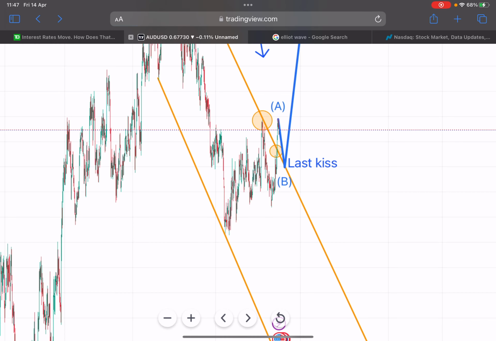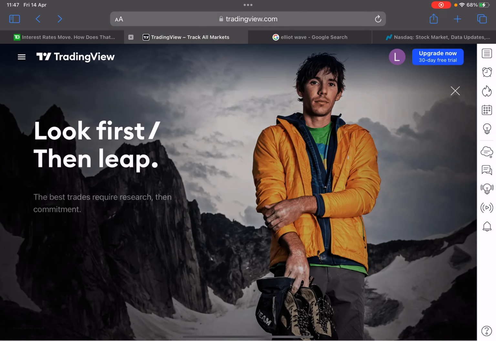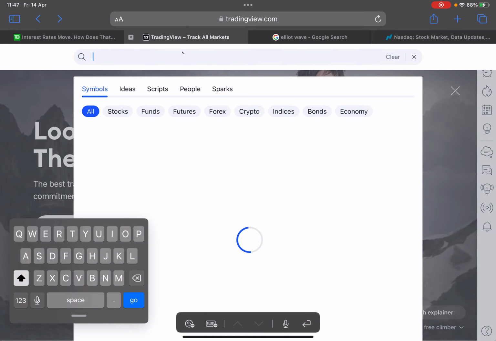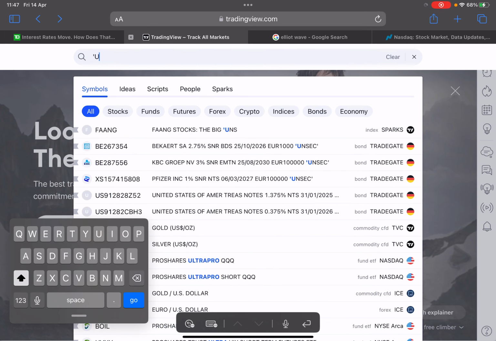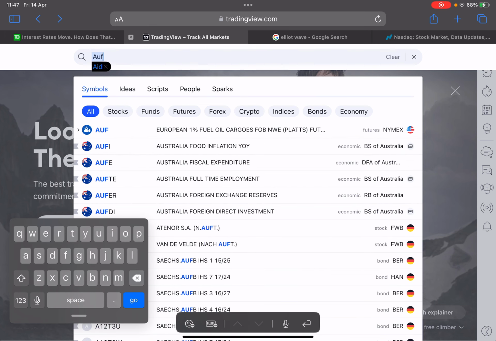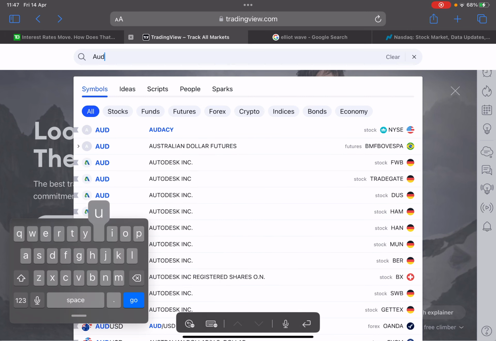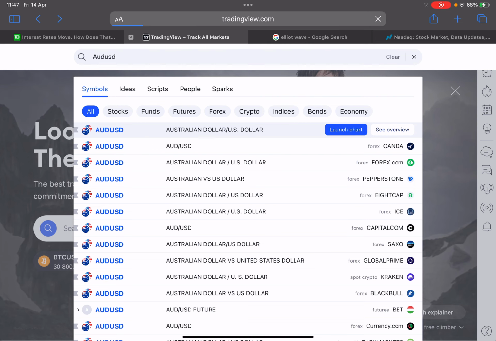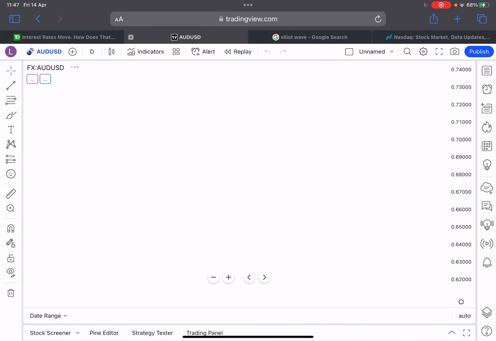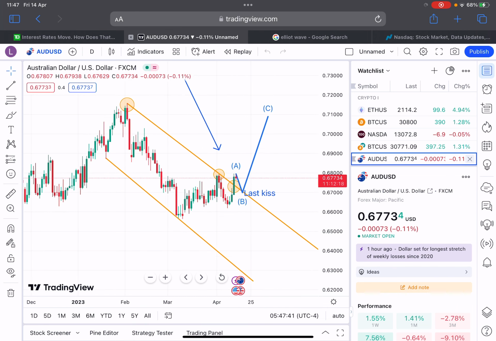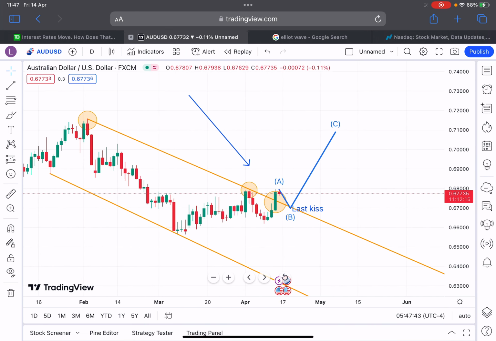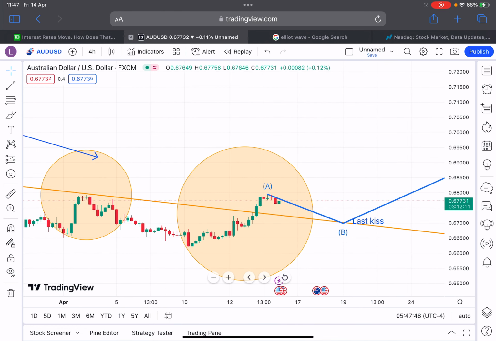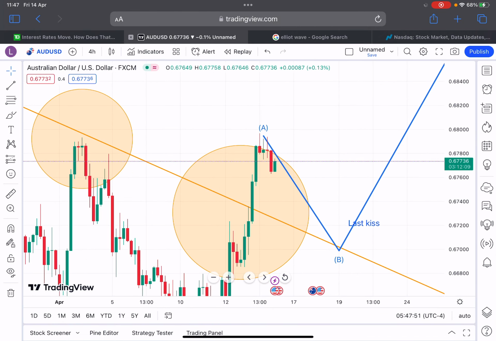Oh my god, my chart was just zoomed in, so I was analyzing AUD USD. Alright, so this is what we had on H4. We know that our chart will be going down for now.